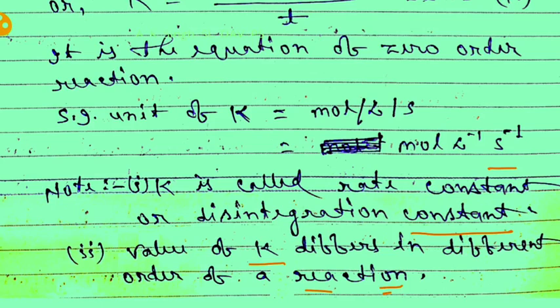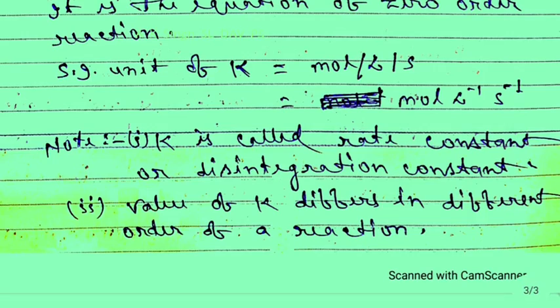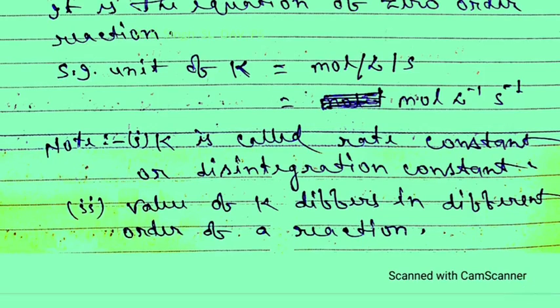The SI unit of K you have seen in the first order reaction is second inverse, but the SI unit of K in the zero order reaction is mole per liter per second. No problem in it. And then you have to study the half-life of zero order reaction.